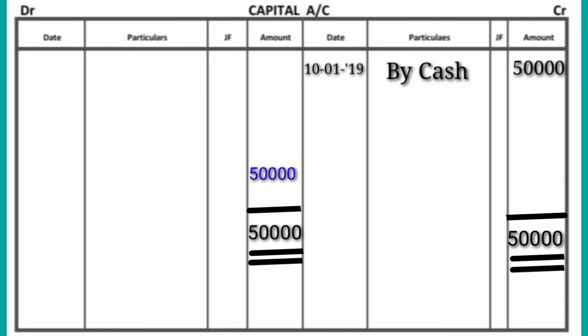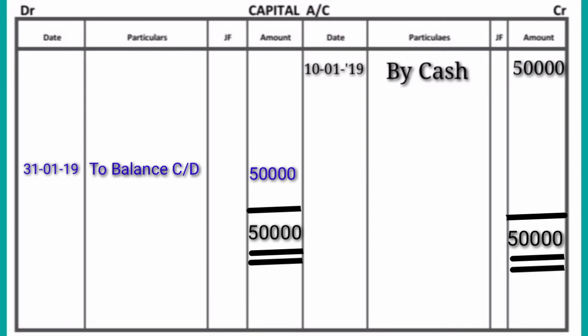Okay, this is the balance amount, and in particulars column we will write to balance carried down, or to balance c/d. Okay, and the date will be the end of the month. We are preparing the ledger account for January, so the end of the month is 31st January 2019. That also we will write here in date column.